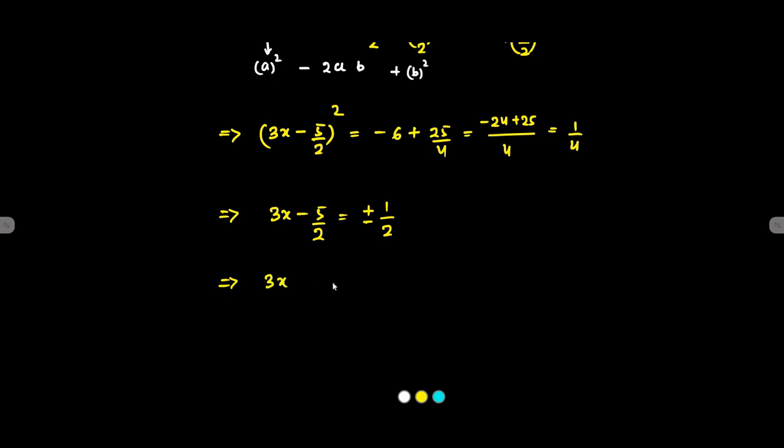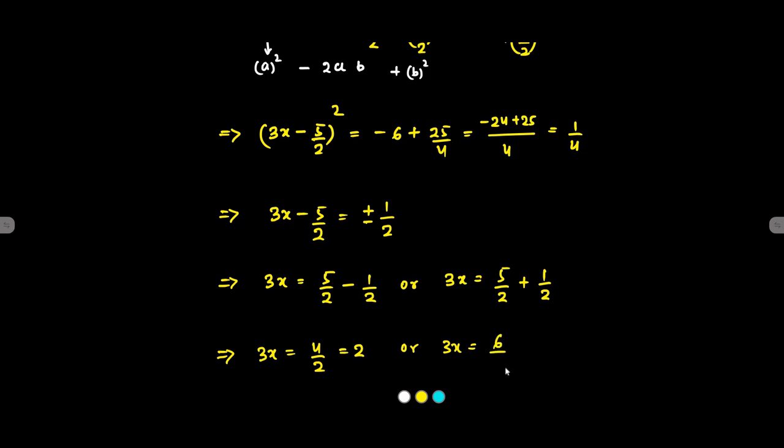So that implies 3x is equal to 5 by 2 minus 1 by 2, or 3x is equal to 5 by 2 plus 1 by 2. So 3x is equal to 4 by 2, which is equal to 2, or 3x is equal to 6 by 2, which is equal to 3.